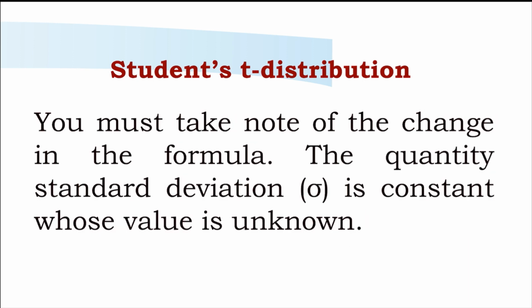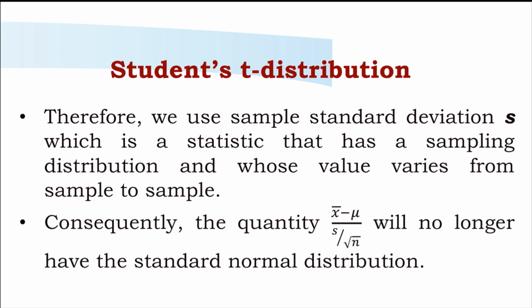You must take note of the change in the formula. The population standard deviation is a constant whose value is unknown. Therefore, we use the sample standard deviation, which is a statistic that has a sampling distribution and whose value varies from sample to sample.